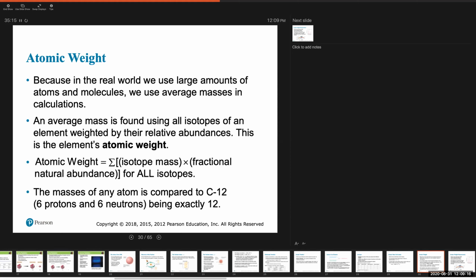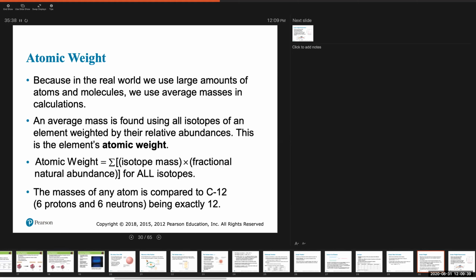What they do is they take the isotope mass times the fraction of natural abundance for each of those isotopes, do that math, and then add them all up. You can see the summation in the formula there for all the isotopes. That average value becomes the atomic weight.